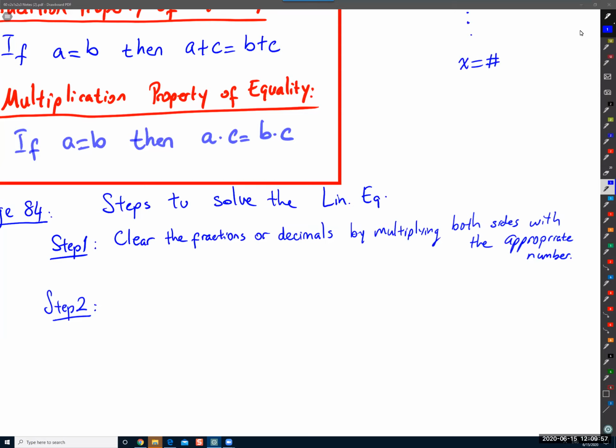So, step 2: use the distributive property to remove the parentheses or grouping symbols.